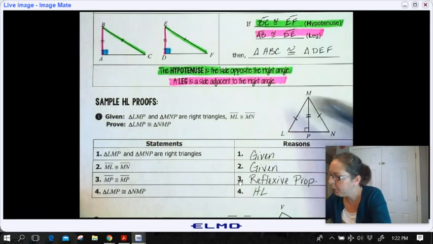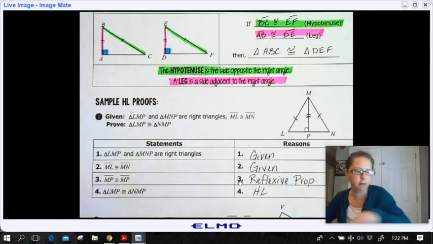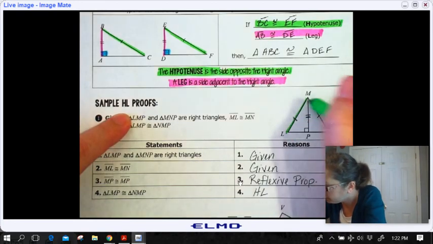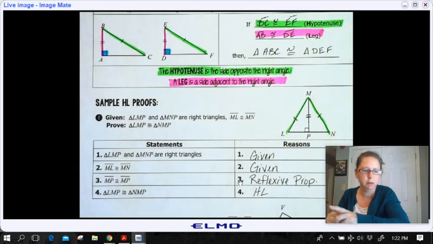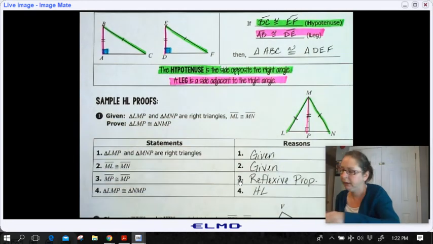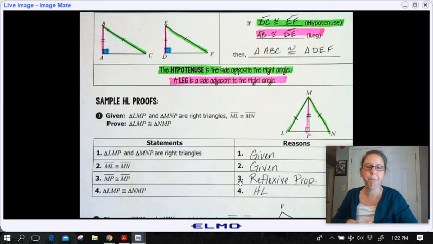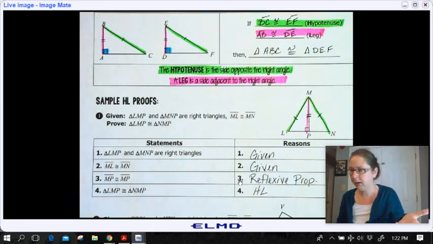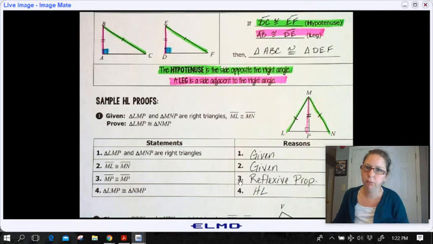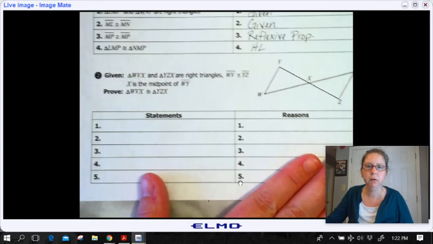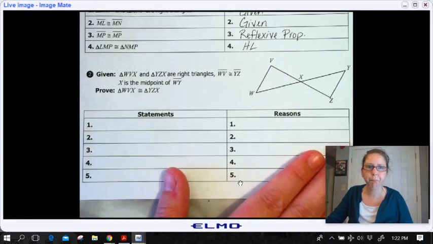I have a hypotenuse and I have a leg. Hypotenuse, hypotenuse, and then the leg I had in pink. And that's it. That's all there is to it. So whenever you have a right triangle, you pretty much know that it's going to end up being hypotenuse leg, more than likely, okay? A second example, and then we're done with examples.